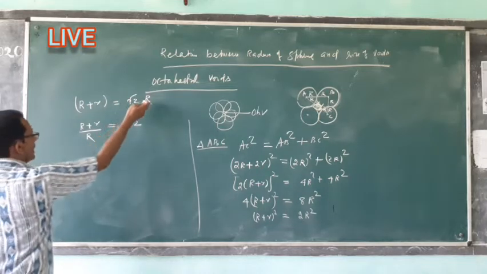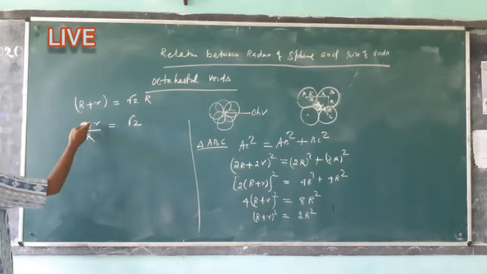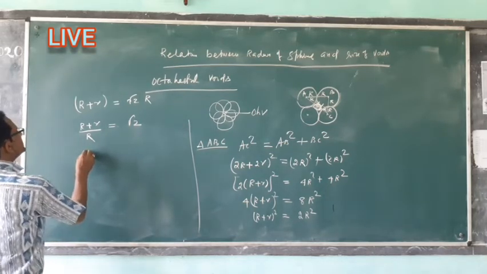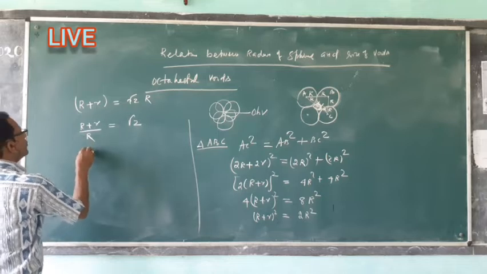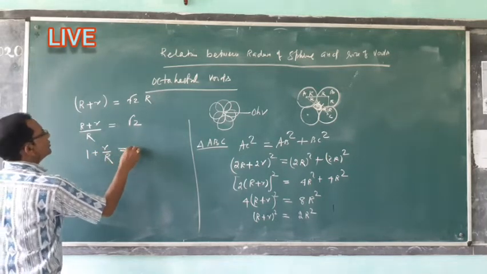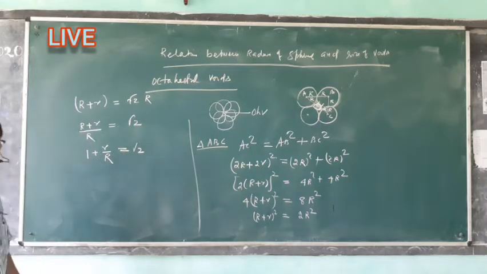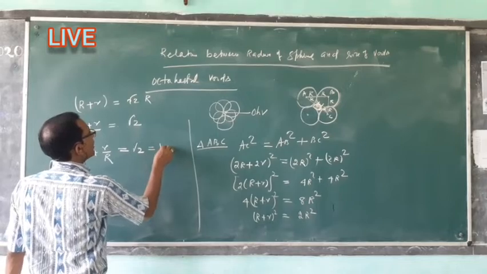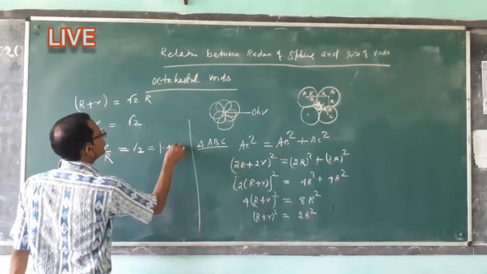If you bring R to the left side, then it will be (R plus r) by R equal to root 2. Then if you divide by R, it is 1 plus r by capital R is equal to root 2. We know the value of root 2 is equal to 1.414.